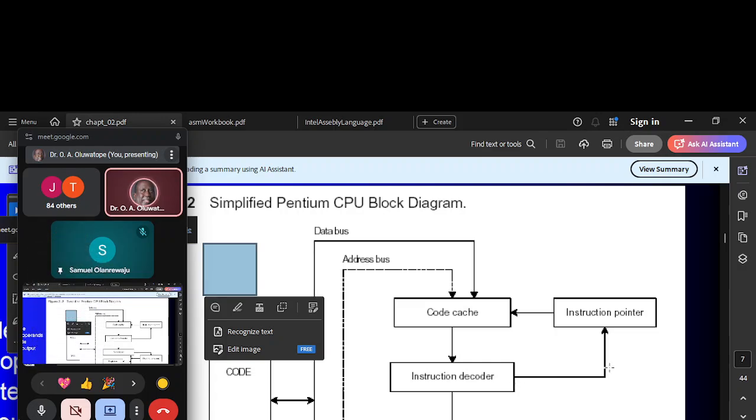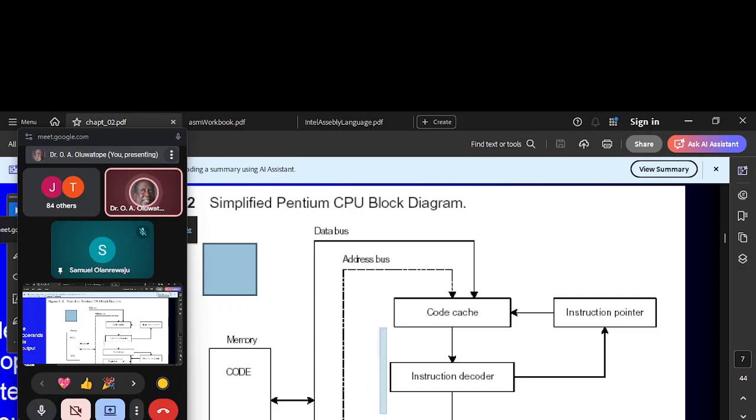But can you see this arrow that goes back? The instruction pointer. What that does is that at that stage, it tries to locate the next instruction, which is your next line. But know fully well that instruction number one has not been fully executed, but it's on its way.